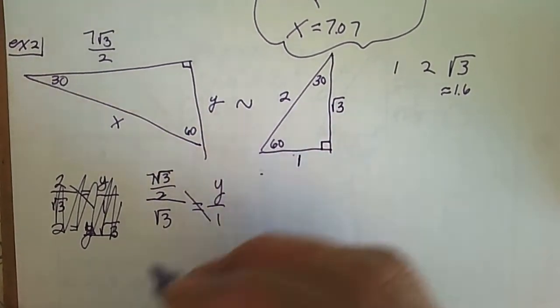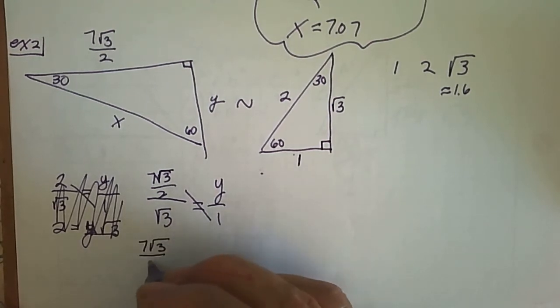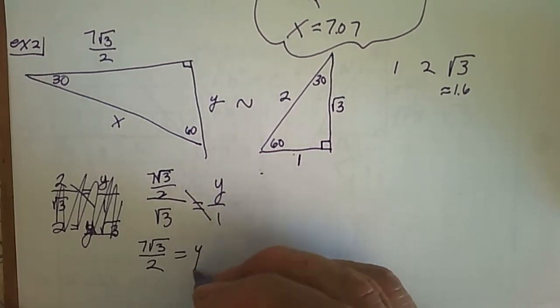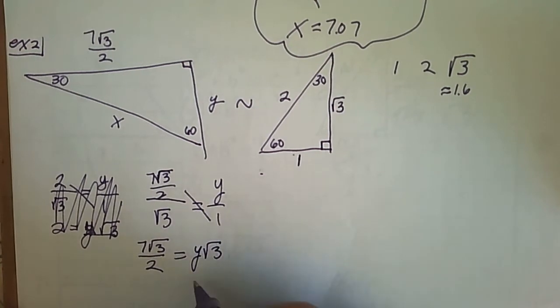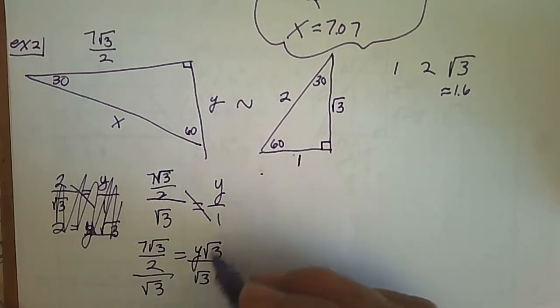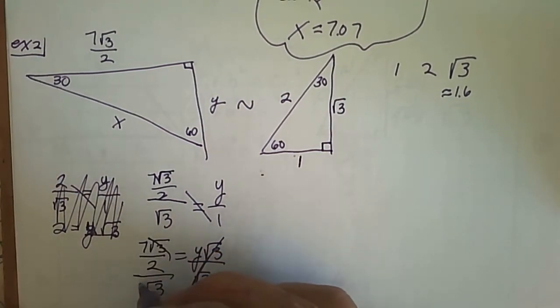Cross multiply, you get 7 radical 3 over 2 equal to y radical 3. Get the y by itself, divide by radical 3. What you do to one side, you do to the other. These are opposites, they cancel. So you have y is equal to, on this side I can cancel this and this.